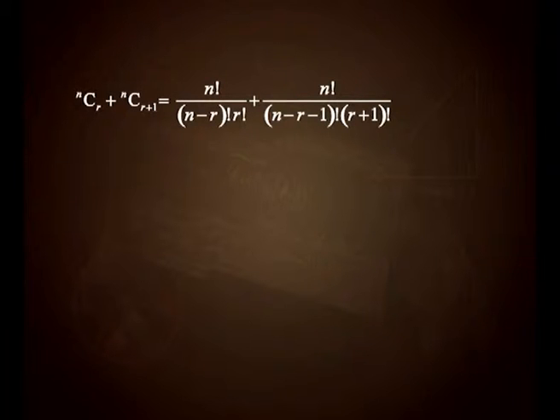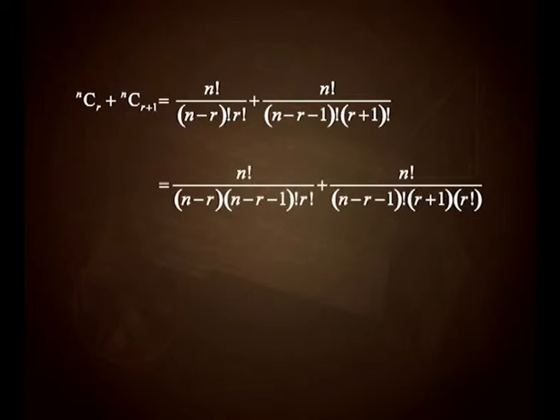So, if I expand (n minus r) factorial, it will break down to (n minus r) times the factorial of (n minus r minus 1). R factorial and (r plus 1) factorial, if I compare, then obviously (r plus 1) factorial as I expand will break down and rewrite as (r plus 1) times r factorial.